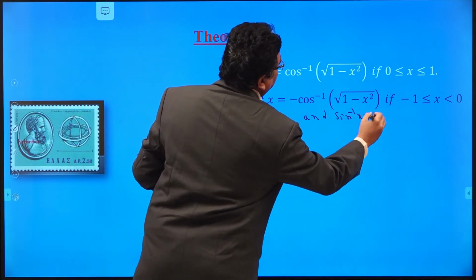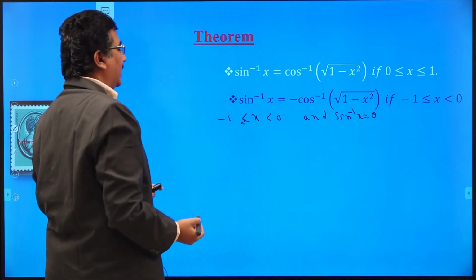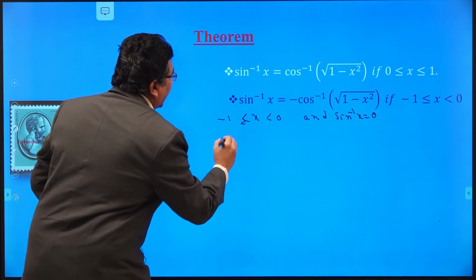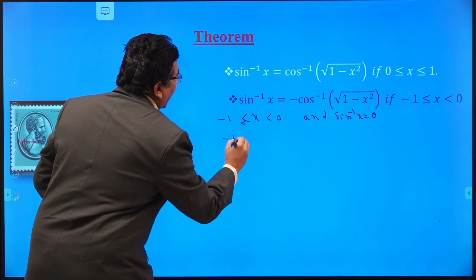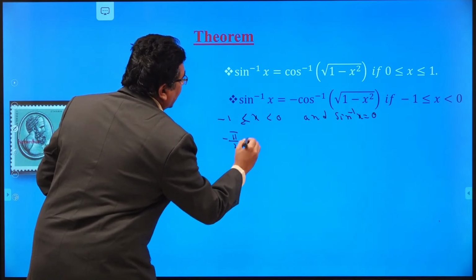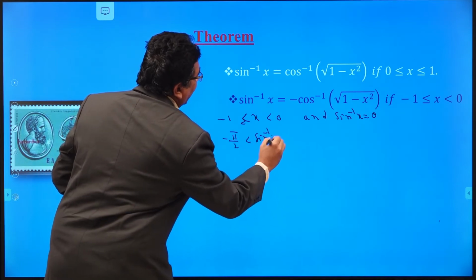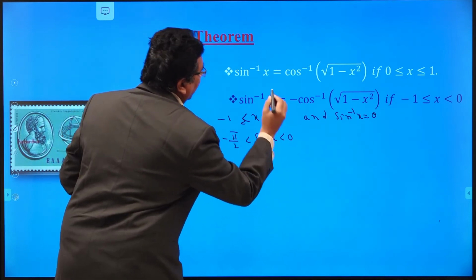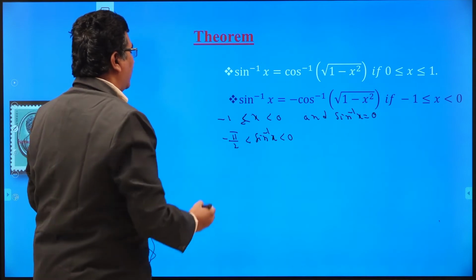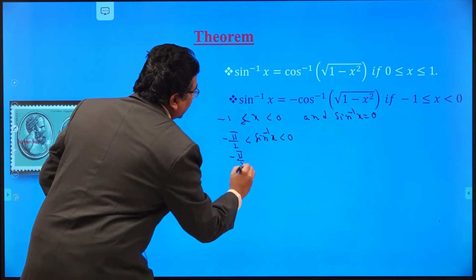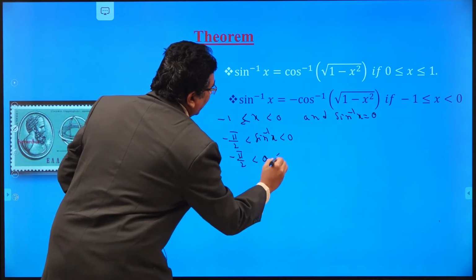Applying sin inverse, minus pi by 2 is less than sin inverse x less than sin inverse 0, that is minus pi by 2 is less than theta less than 0.